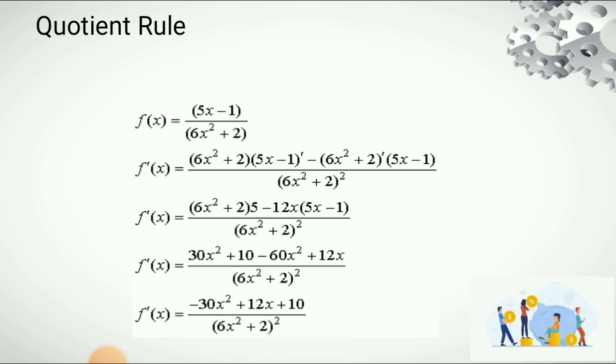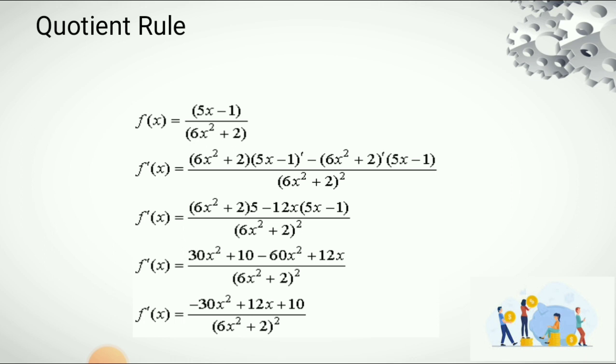And that is equal to 30x squared plus 10 minus 60x squared plus 12x, over, we just copy the 6x squared plus 2 raised to the power of 2.